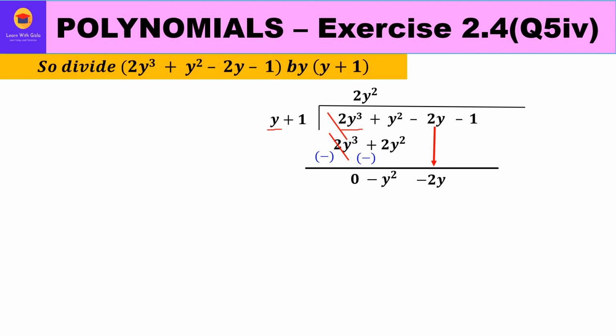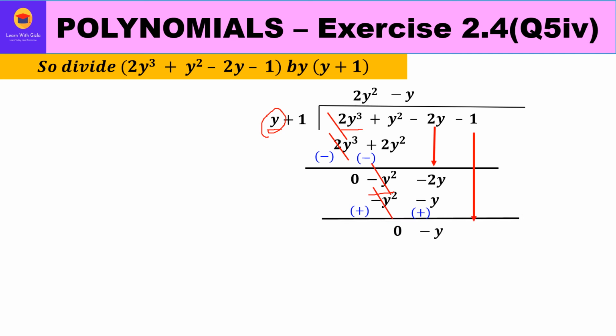Plus y square and minus 2y square will give you minus y square. Bring down minus 2y. Now think of a number which should be multiplied to y again to get minus y square, right? So that is minus y. If you multiply minus y with y, you will get minus y square minus y. Now change the sign. This will get cancelled. Minus 2y and plus y will give you minus y.